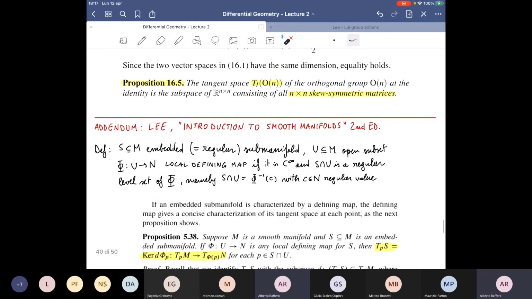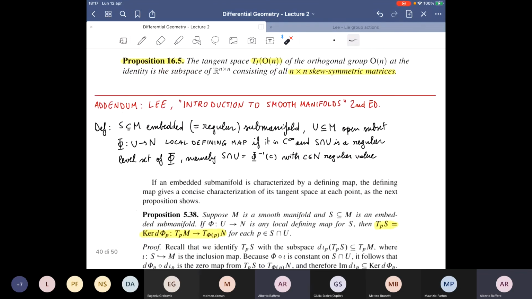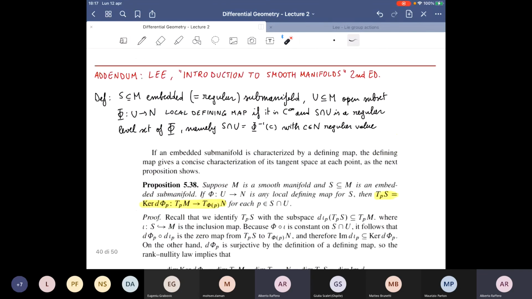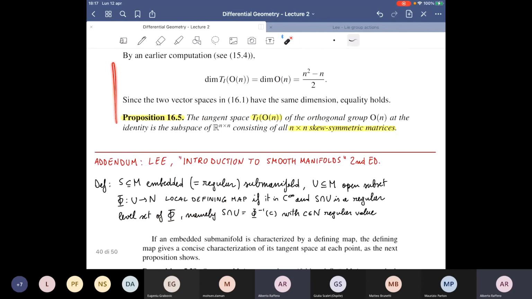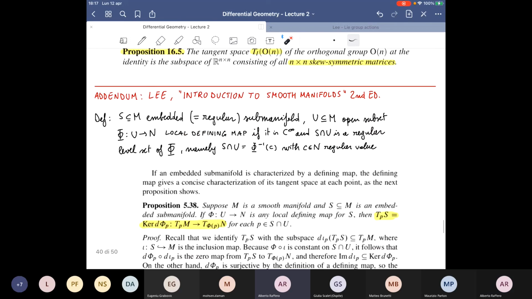Here there is an addendum I wrote that you can read later if you want, which gives you another way of proving this fact: that the tangent space at the identity of the orthogonal group is this space here, and that the tangent space at the identity to the special linear group is the other one we saw before.